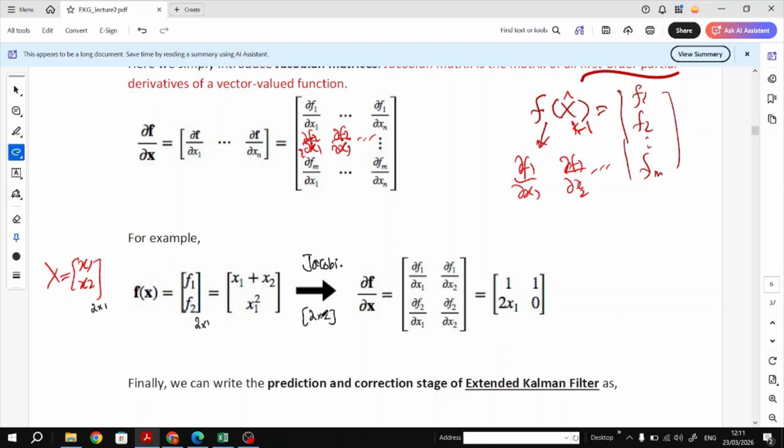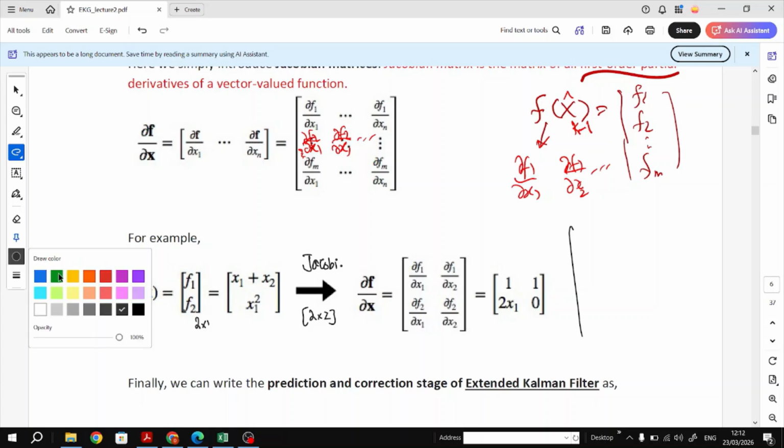If we have more state variables, let me give more examples so it's easy to understand.